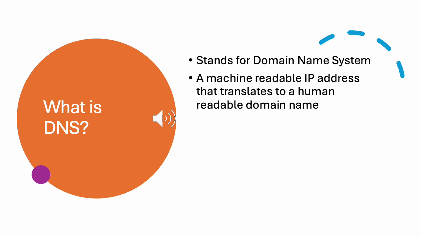TLD servers, or top-level domain servers, handle domains with specific top-level domains such as .com, .org, or .net. And then authoritative name servers contain specific DNS records for a given domain and provide the final resolution of an IP address. Without DNS, Internet users would have to memorize IP addresses for every website that they visit, making the browsing experience very inefficient.